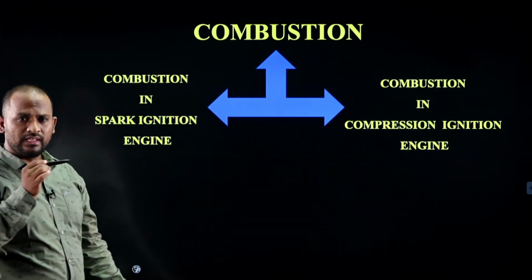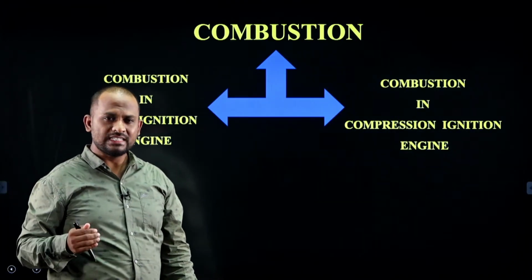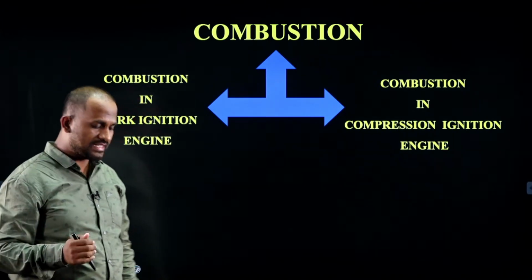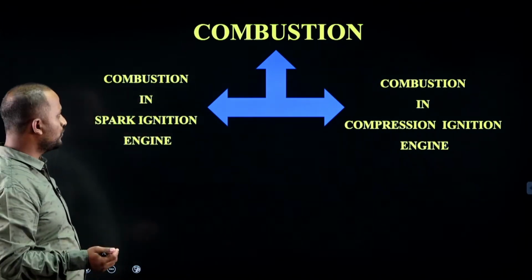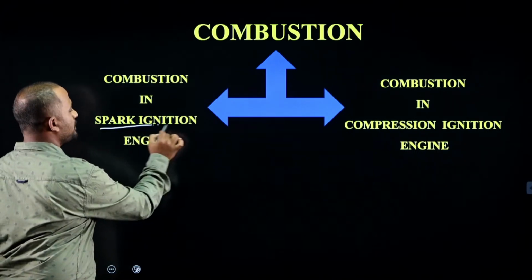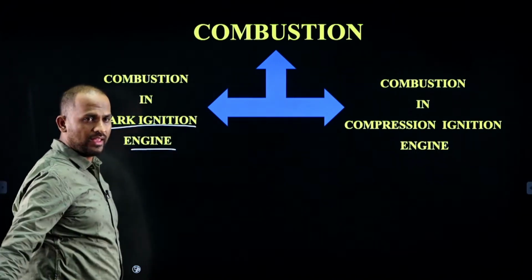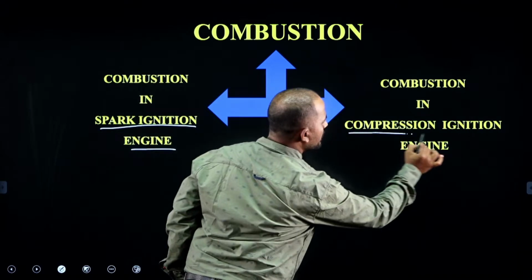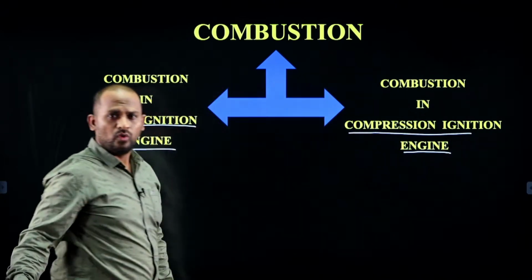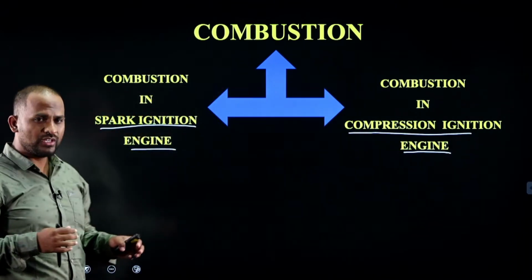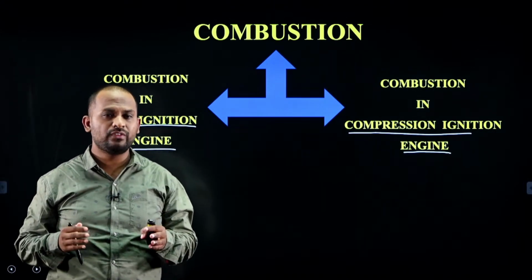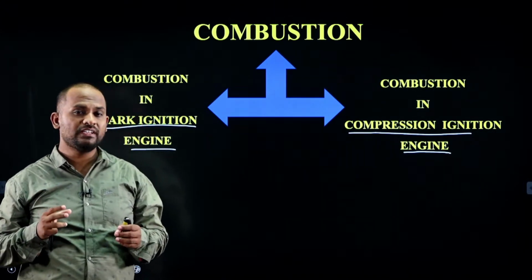Now in this combustion concept, we are discussing the IC engines. So basically we have two types of engines. One is the spark ignition engine. The other one is the compression ignition engine. Now in the last session we discussed how a spark ignition engine works.